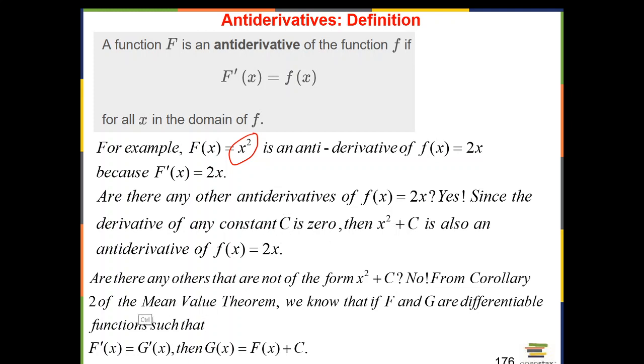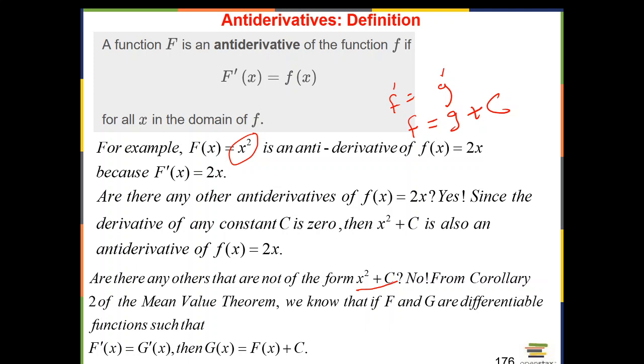And now another question I want to answer is this. Are there any others that are not of the form x squared plus c? No. Remember from the second corollary to the mean value theorem, we said that if two functions have the same derivative, if f prime equals g prime, then f has to be g plus some constant, right?